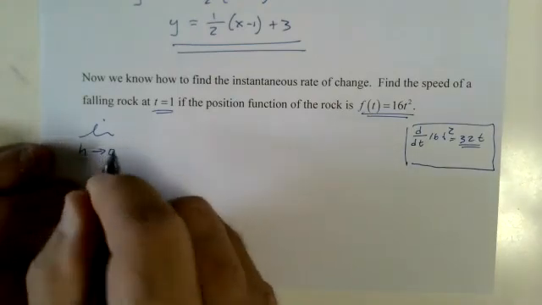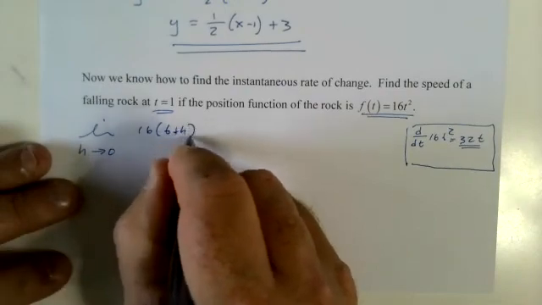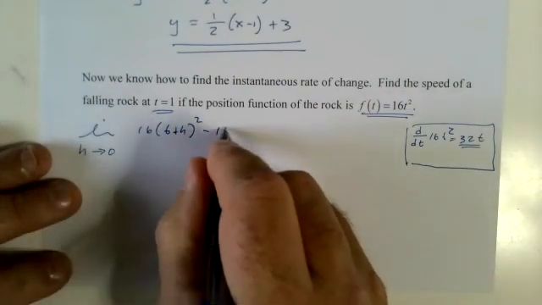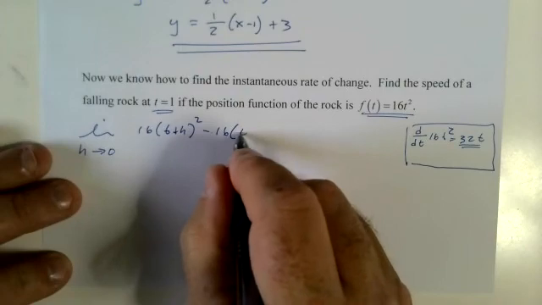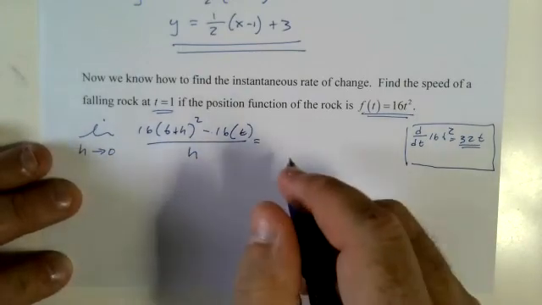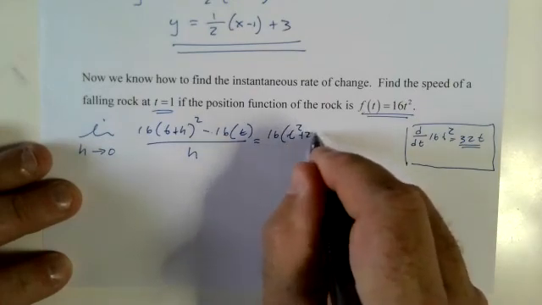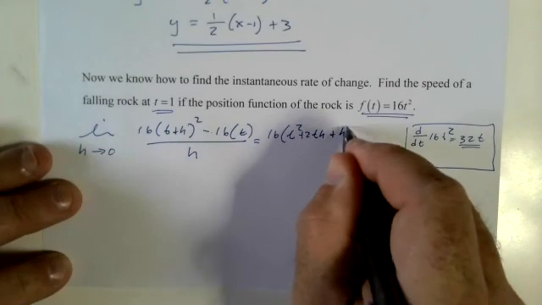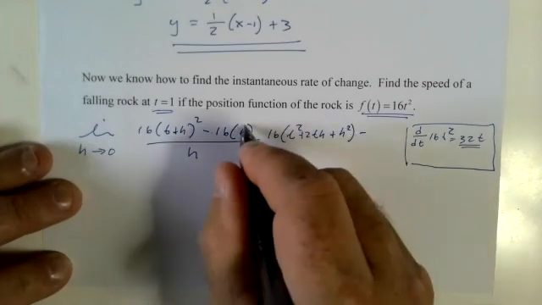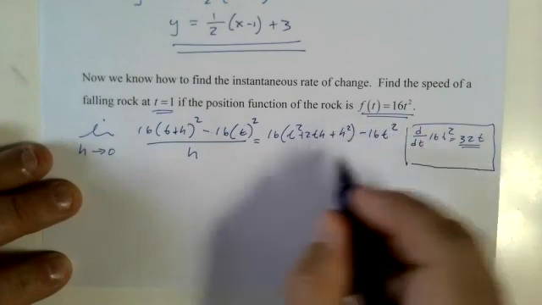Limit as h approaches 0 of 16 times t plus h squared minus 16t squared all over h equals 16t squared plus 2th plus h squared minus 16t squared.